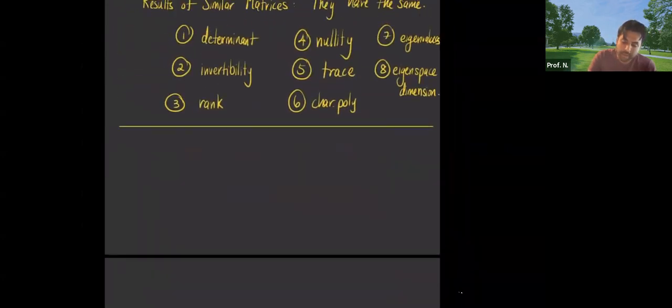So for example, let's stick with the same example we had.